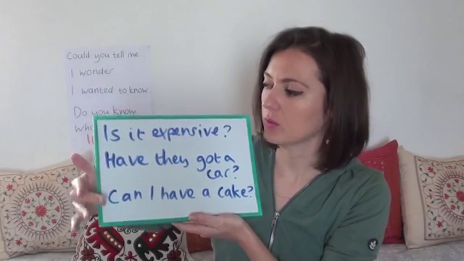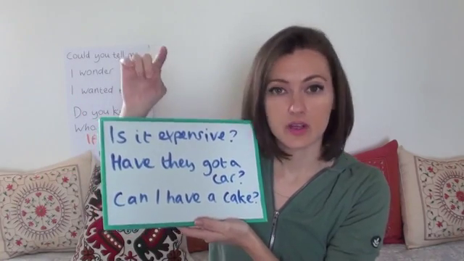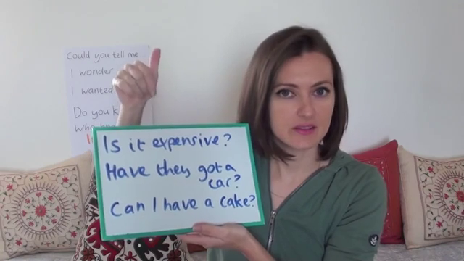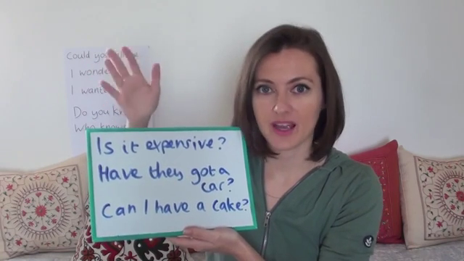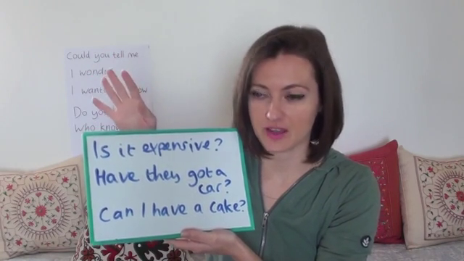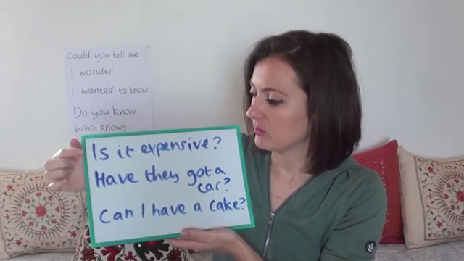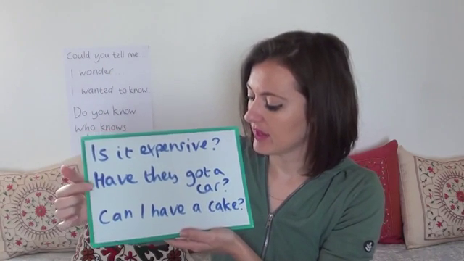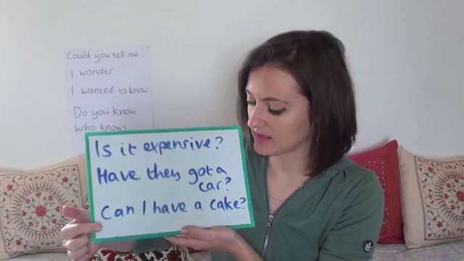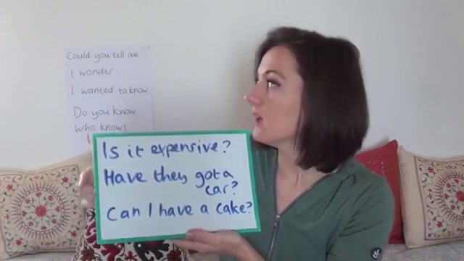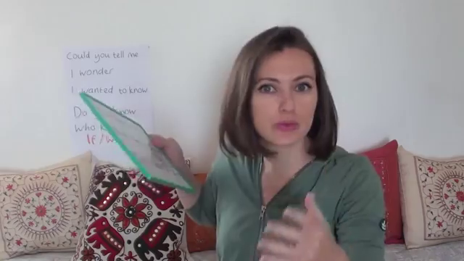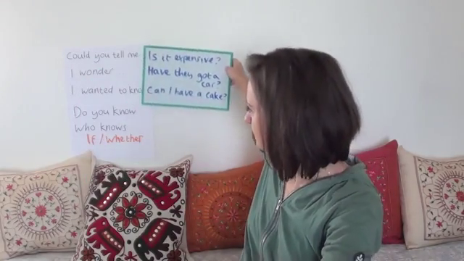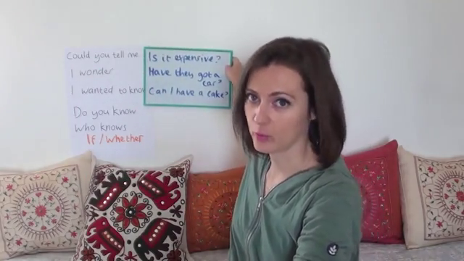We don't have those question words, and we don't have did, does, do. Here are some examples. Is it expensive? Have they got a car? And can I have a cake? So then we put all the pieces together using if or whether.